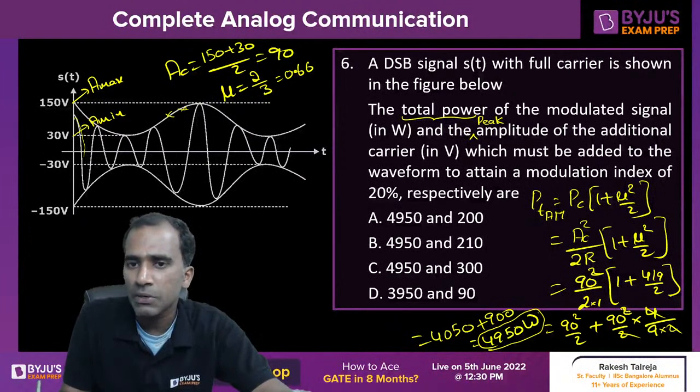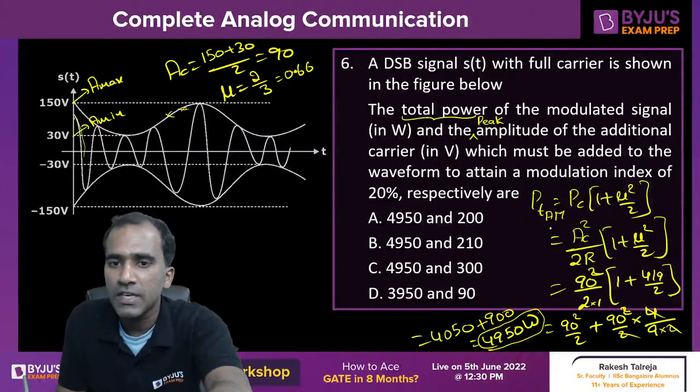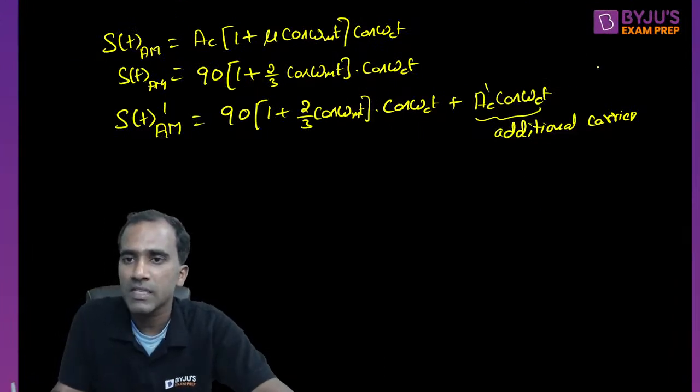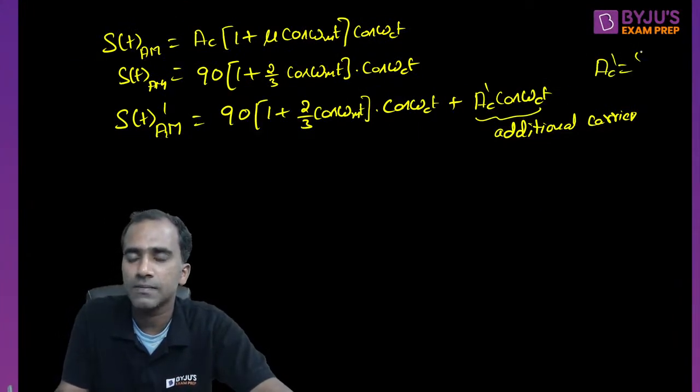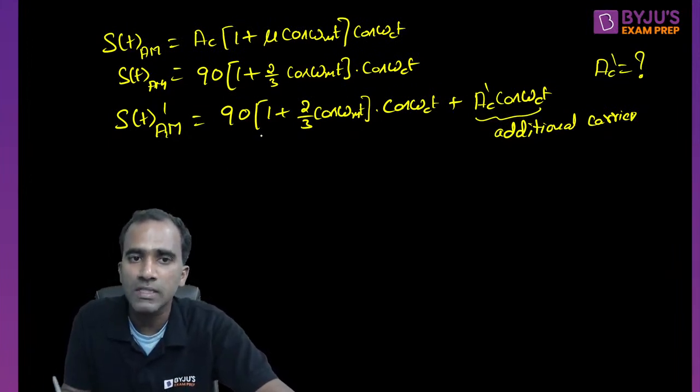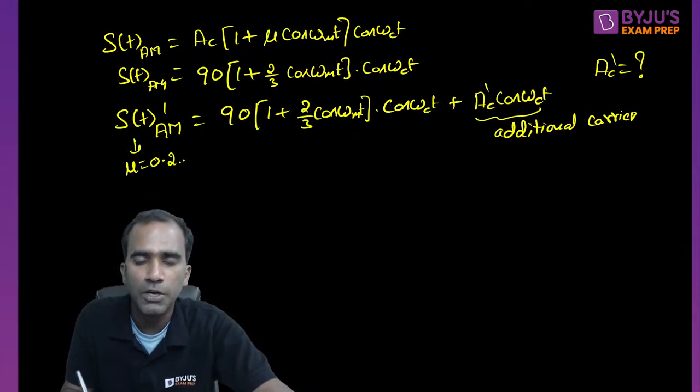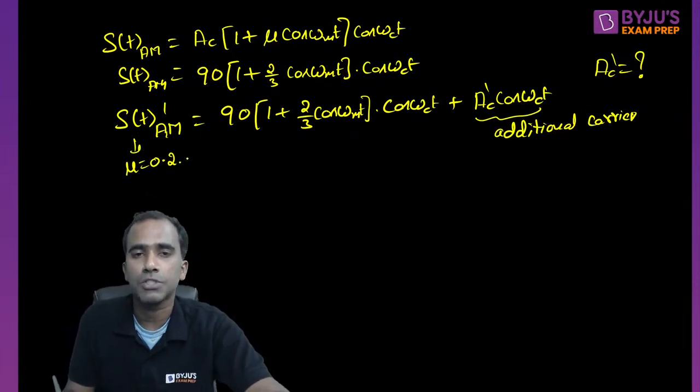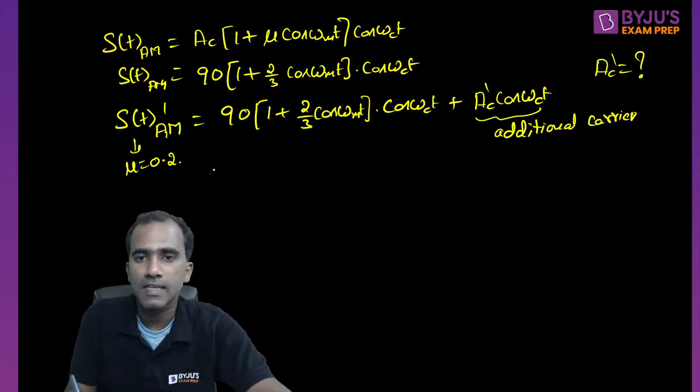So they are asking us to find this AC dash, the additional carrier's peak amplitude. What should this value be so that the total signal has a modulation index of 20% or 0.2? That is the question. Now let us analyze this.